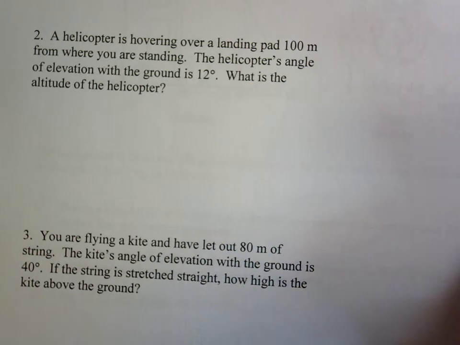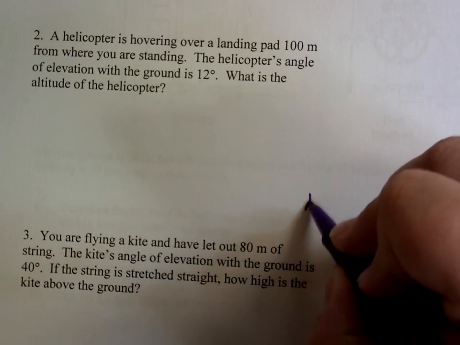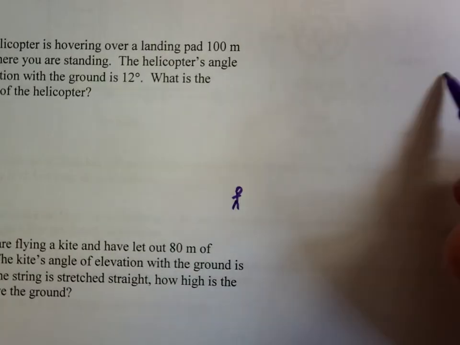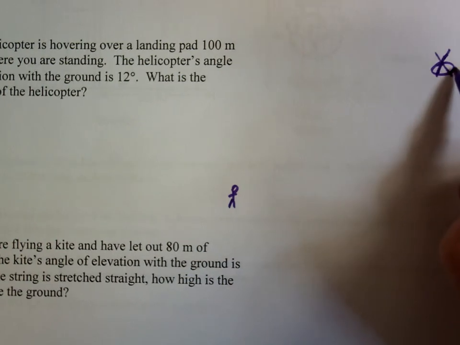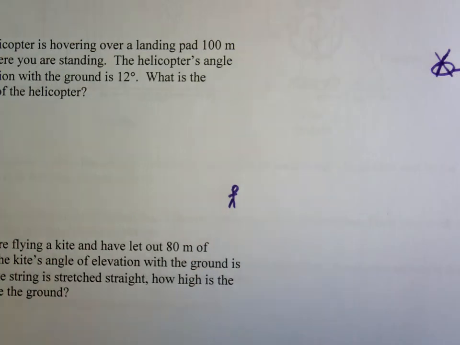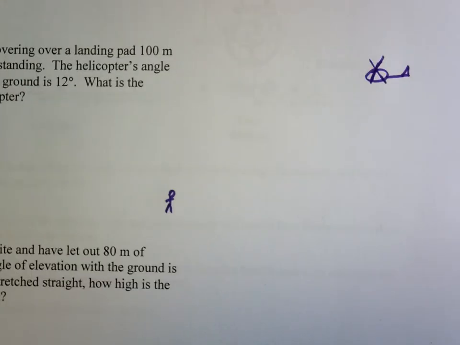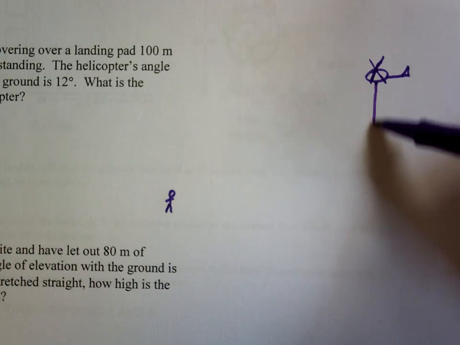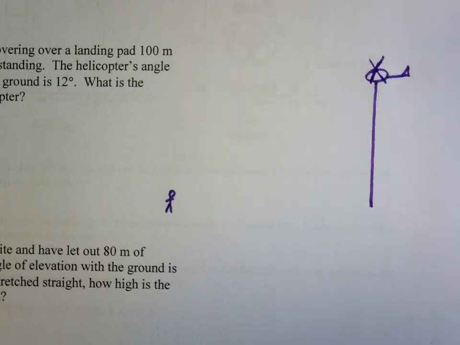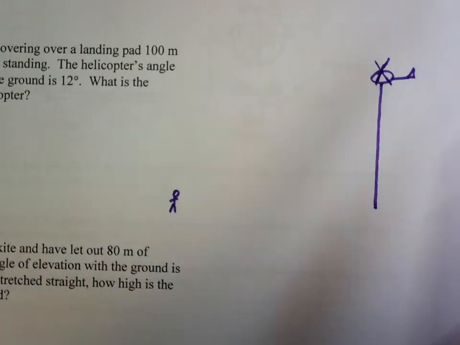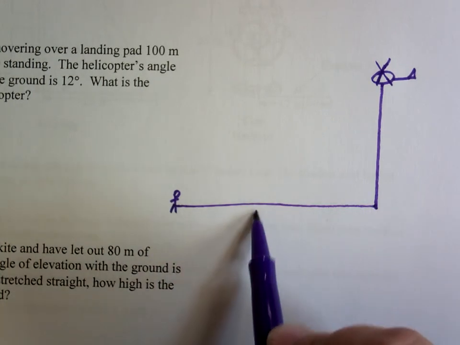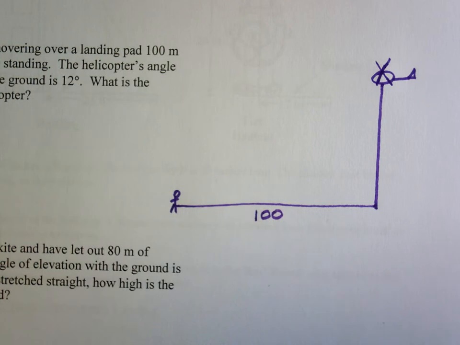Okay, so here is me standing, helicopter over here. It's hovering over a landing pad, so it's directly above the landing pad, and the landing pad is 100 meters from where I'm standing. So that means this is 100.